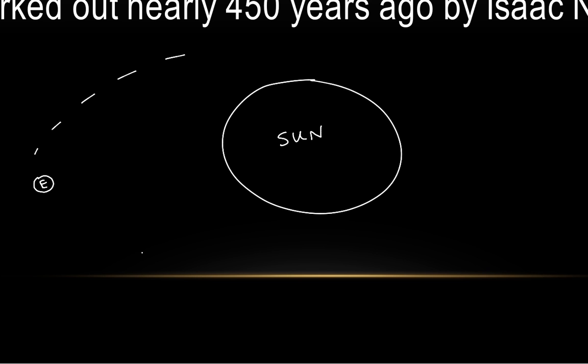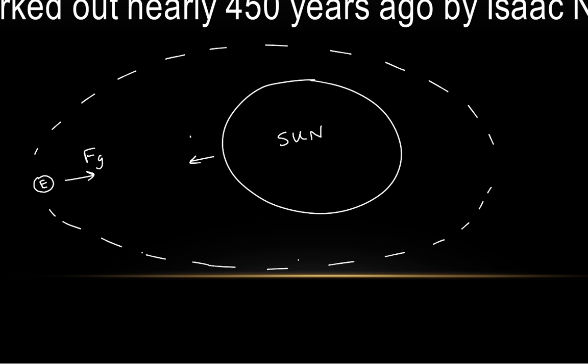Now the Earth is going to orbit around the Sun. Why is the Earth attracted to the Sun? Well, there's a force due to gravity. The Earth is attracted to the Sun, and the Sun is attracted to the Earth.